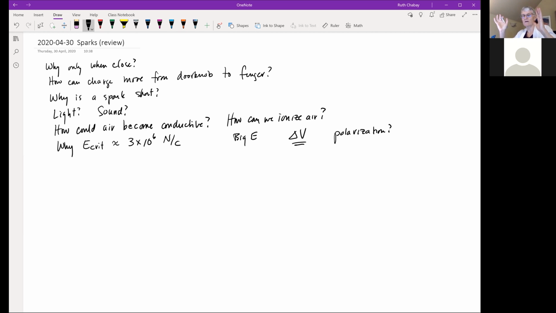So you kind of make a capacitor, make a dipole or something like that. So those are great suggestions, and we're going to actually investigate all of them in this discussion.